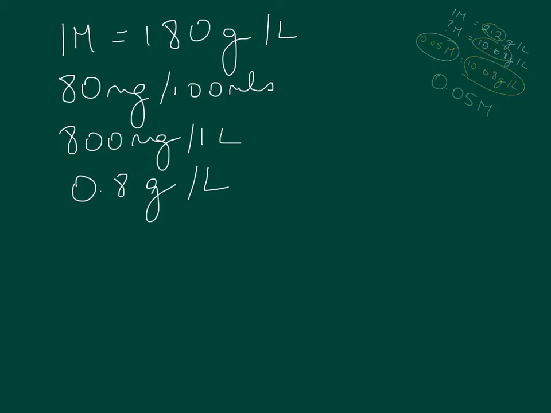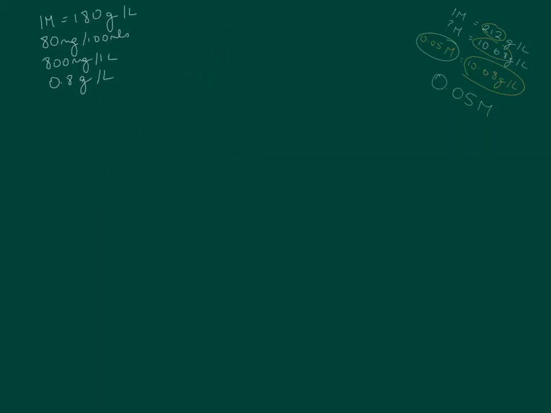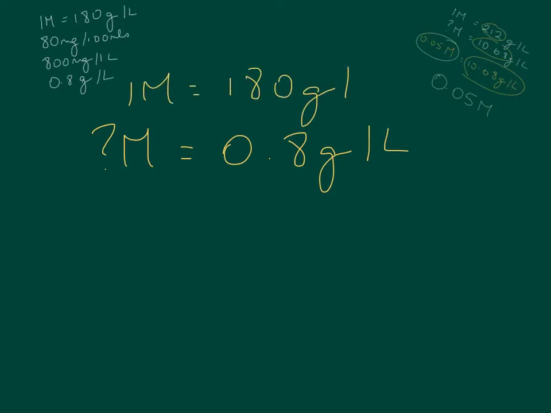So if we know that information, we can give a bit more space and say, what's the molarity of 0.8 grams in a litre? How can we work that out? Well, we already know that 1 molar is equal to 180 grams per litre. We've done this in the last question. We're going to divide by 180 on this side and multiply by 0.8, and do the same thing on the left hand side.